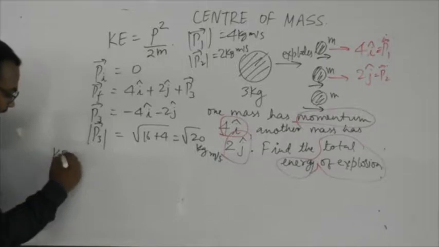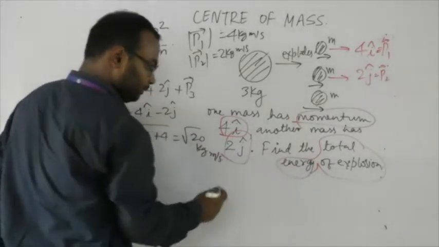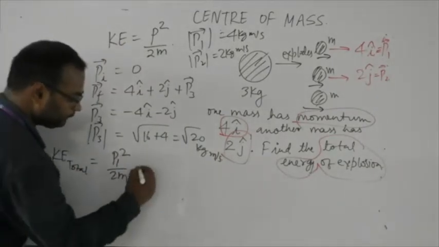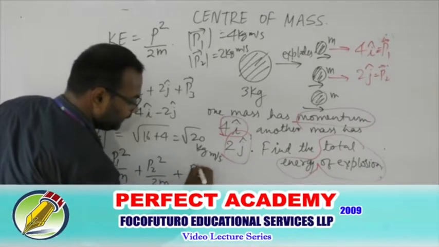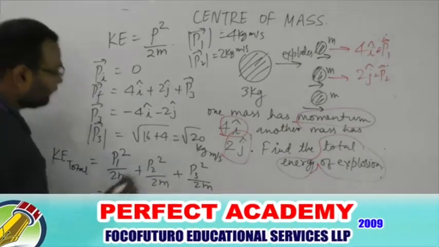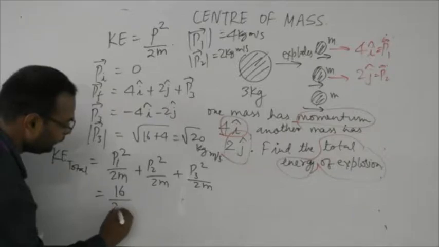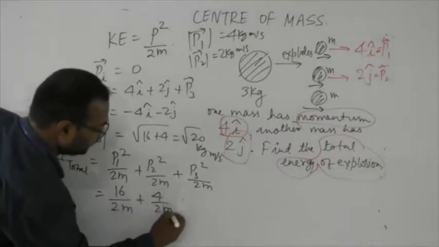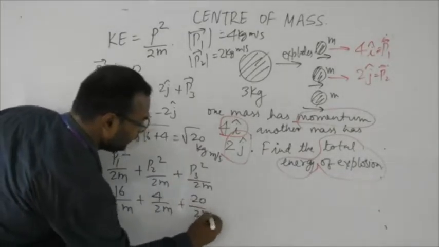Now P3 is root 20 kg meter per second. So total kinetic energy, the total energy of explosion, is P1 square upon 2m plus P2 square upon 2m plus P3 square upon 2m. P1 square is 16, so 16 upon 2m plus 4 upon 2m plus root 20 whole square, that is 20 upon 2m.